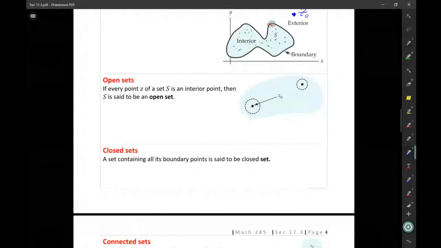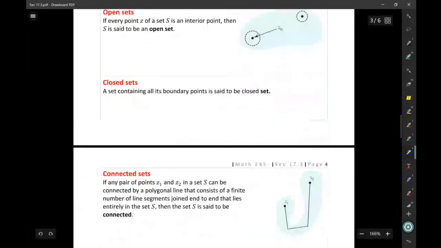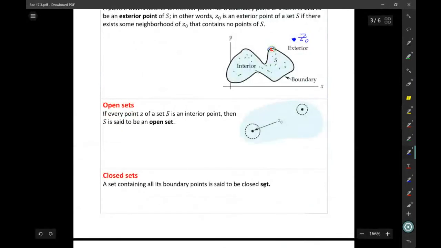Okay, what is the meaning of open set, closed set, and connected set? Open set: if every point z in the set S is an interior point, then S is said to be an open set.